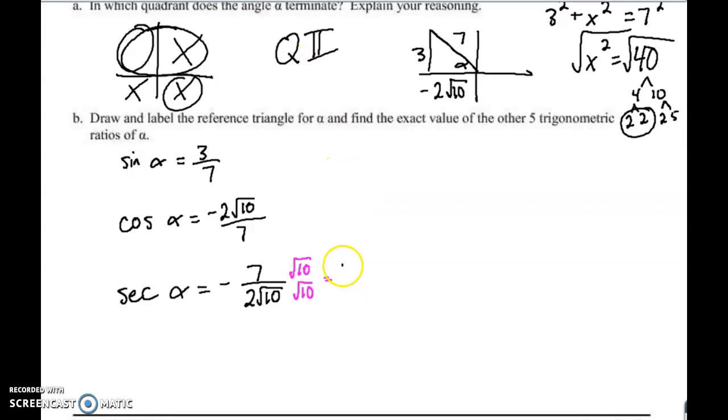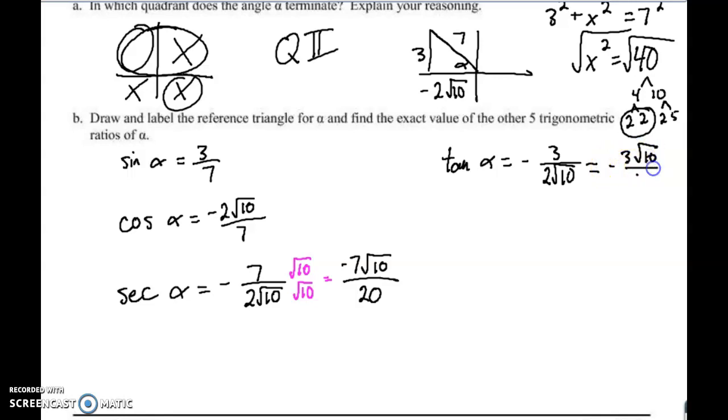So that would give me negative 7 root 10. Root 10 times root 10 is just plain 10. And then 2 times plain 10 would be 20. So then from there, I can do tangent of alpha, which is opposite over adjacent. Negative 3 over 2 root 10, but similar work as what I did for secant would give me negative 3 root 10 over 20.